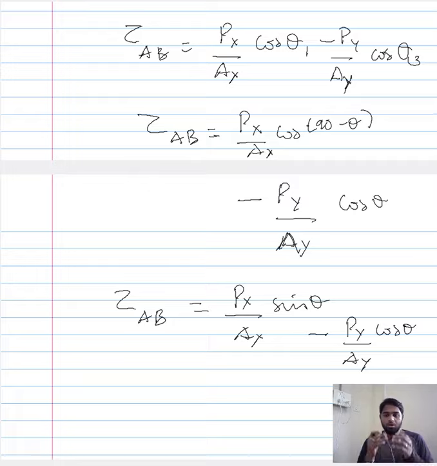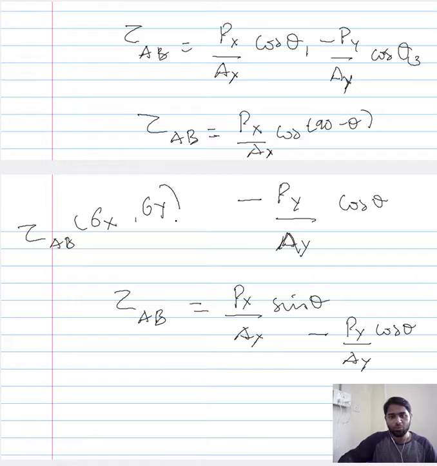Now we have to express this shear component of stress in terms of the overall tensile stress acting along the x direction and the overall tensile stress acting along the y direction. Therefore, Ax and Ay should be perpendicular to the x and y axes. Only when Ax and Ay are respectively perpendicular to the x and y axes will you be able to represent this shear stress in terms of the stress acting along the x axis and the stress acting along the y axis.